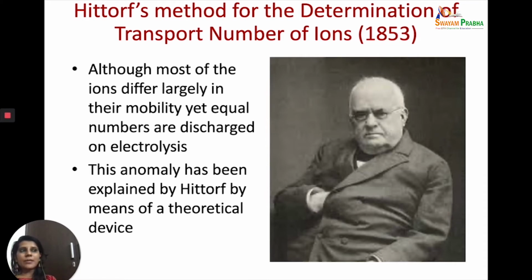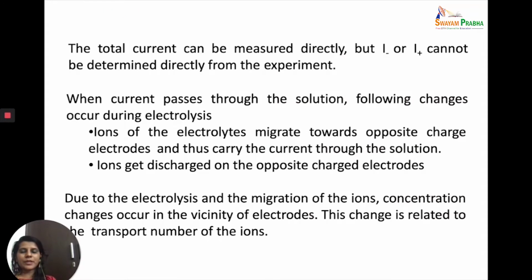Now this anomaly was explained by Hittorf by means of a theoretical device. What is the anomaly? That although the speeds of the ions differ a lot, the cations will move at a different speed and the anions will move at a different speed, yet always and always an equal number of the cations and the anions are discharged on electrolysis at the electrodes.